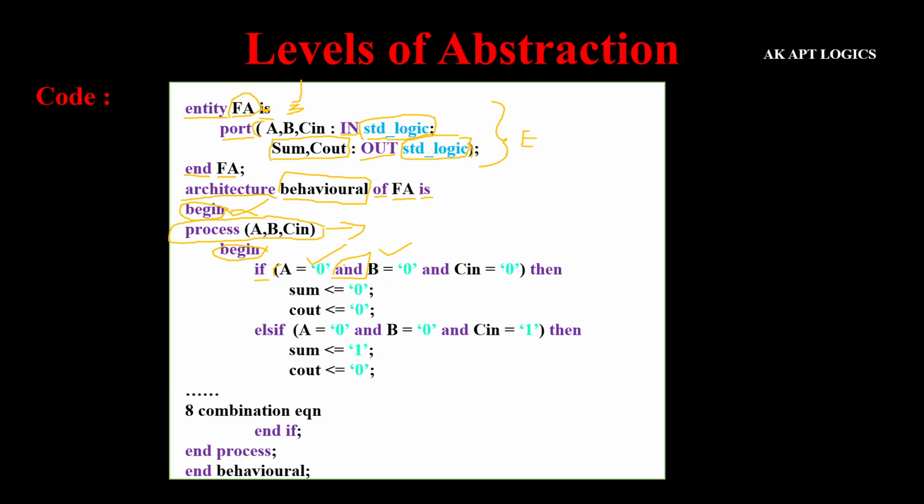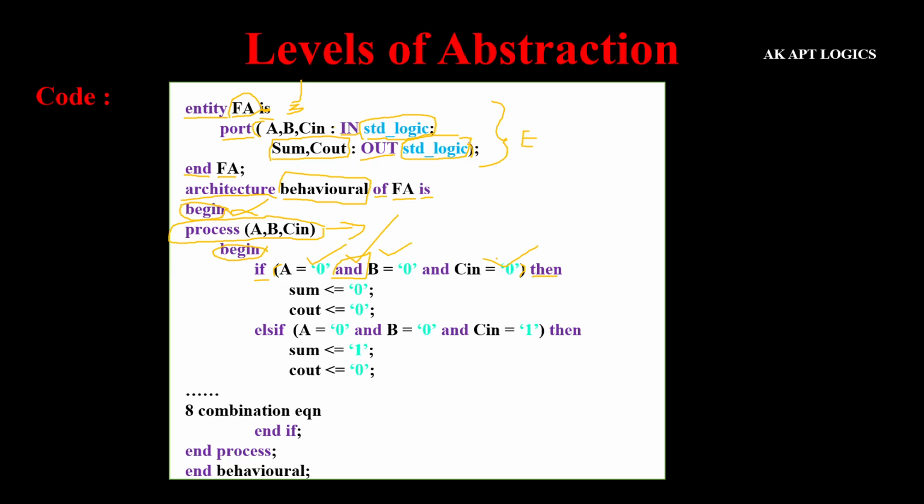Okay, if we are going to use or here, any one of them applied, we will get the output, but we need to see both the outputs, right? So we need to specify the and only, we shouldn't specify or. And b is equal to single quotation 0, and cin is equal to single quotation 0, close the parenthesis, then is a keyword.